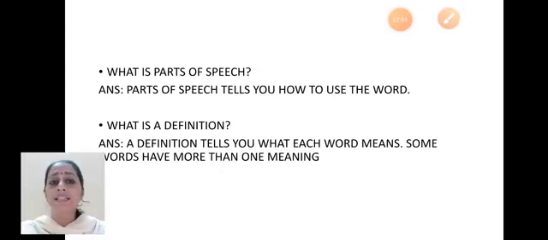What is definition? A definition tells you what each word means. What's the meaning of that particular word? That is definition. And some words have more than one meaning. Clear?